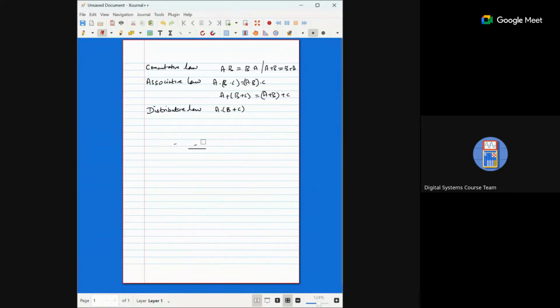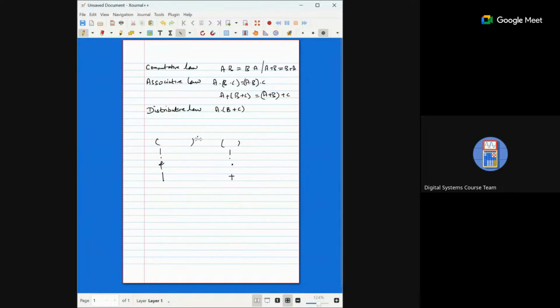Likewise, in Boolean algebra we also have precedence: parenthesis first, then the inverter second, then the AND operation, and finally the OR operation. The AND operation is the dot operator and the OR operator is the plus operator.